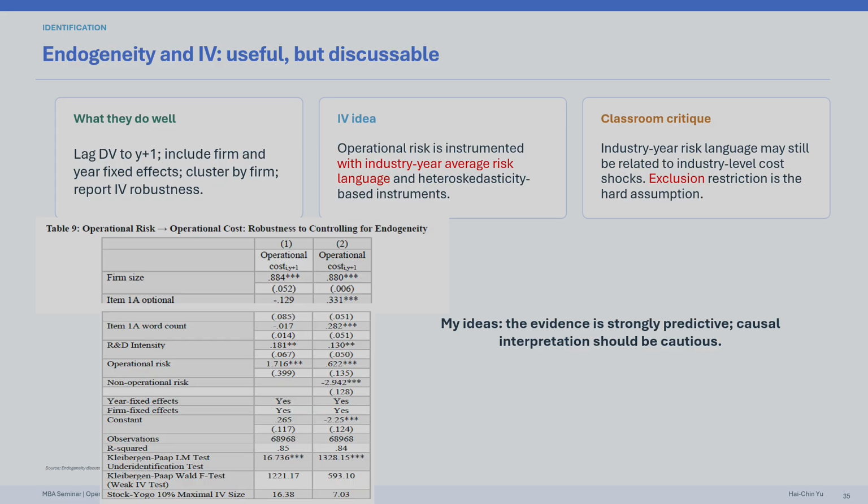Maybe this is not a perfect IV, but people use this IV to conclude that the endogeneity concern does not exist. You can accept it so far, but remember that the causal interpretation should be cautious, because the endogeneity concern is not totally resolved. And also, differences across different shocks are not examined.